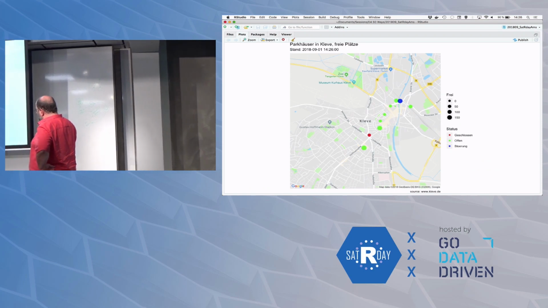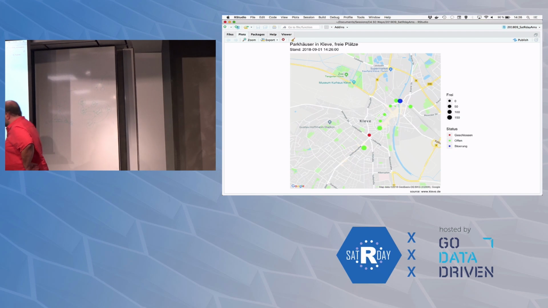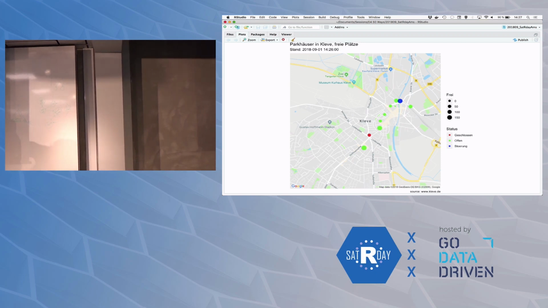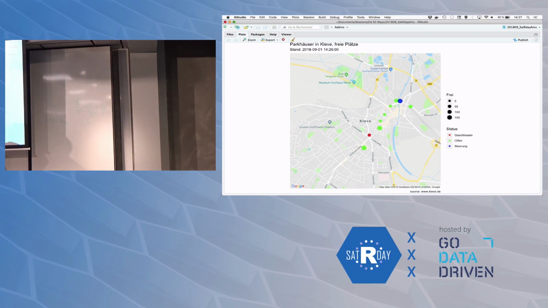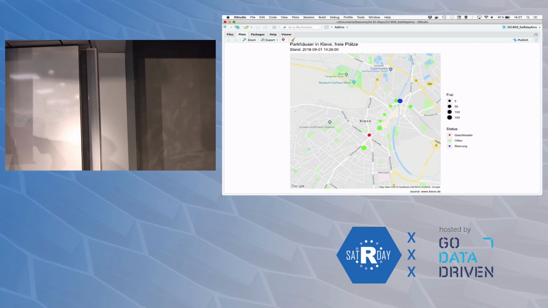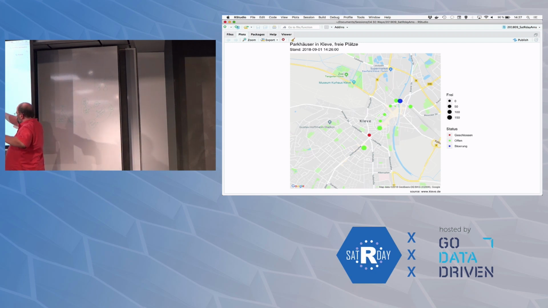Okay, it's a small town. That's the data from just now, 1426. I just pulled it live from the internet, and there you can see where the public parking lots are situated. Those are the colored circles, and you see where it's green, it's open. There's a red one that's closed, and there's even a blue one. It has some sort of distortion.